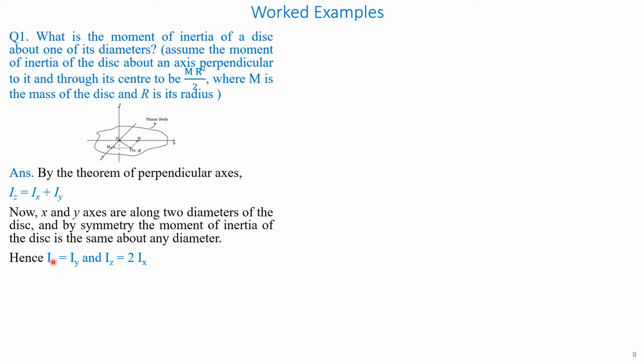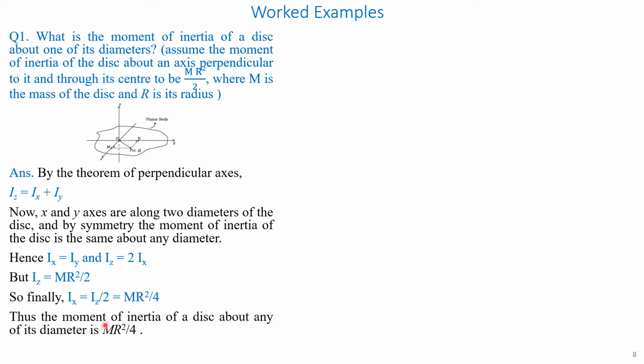Hence, Ix is equal to Iy, and Iz is equal to Ix plus Iy, that is Iz is equal to 2 into Ix. But it is given that Iz is equal to mr square by 2. Therefore, Ix is equal to Iz by 2, that is equal to mr square by 4. Thus, the moment of inertia of a disk about any of its diameters is mr square by 4.